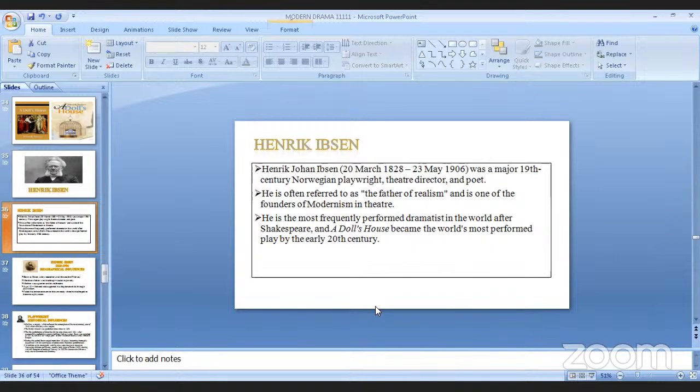He is often referred to as the father of realism and is one of the founders of modernism in theatre. He is the most frequently performed dramatist in the world after Shakespeare, and A Doll's House became the world's most performed play by the early 20th century.